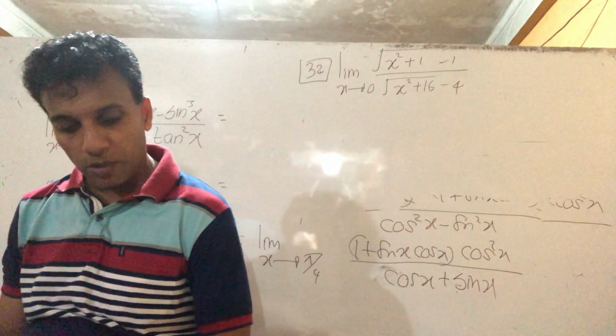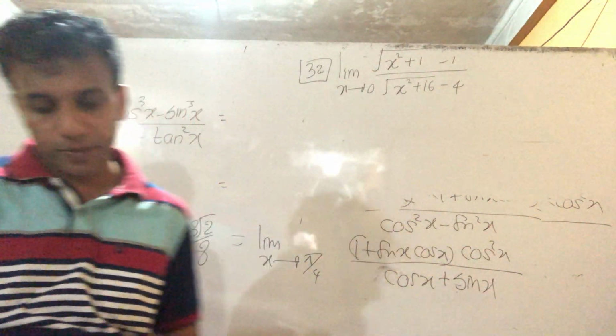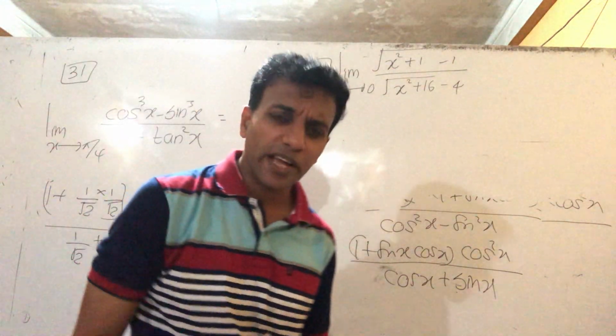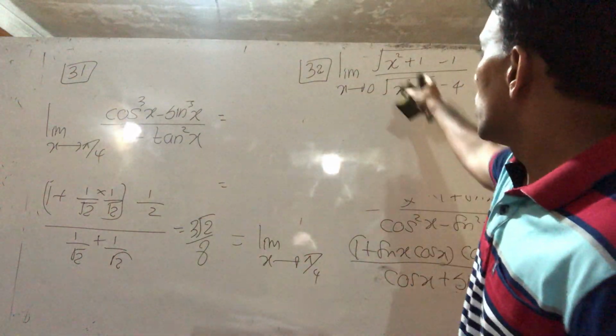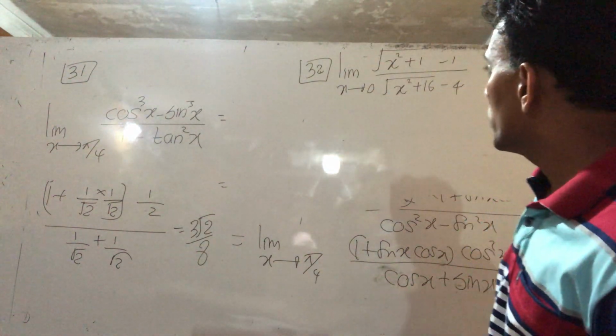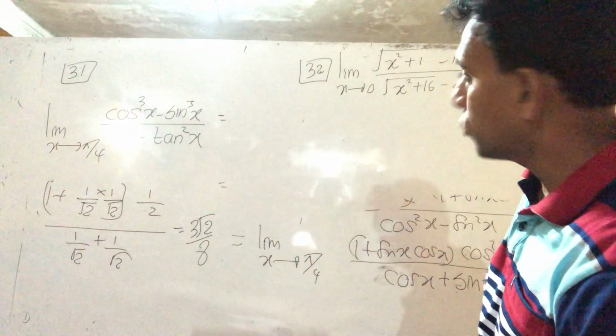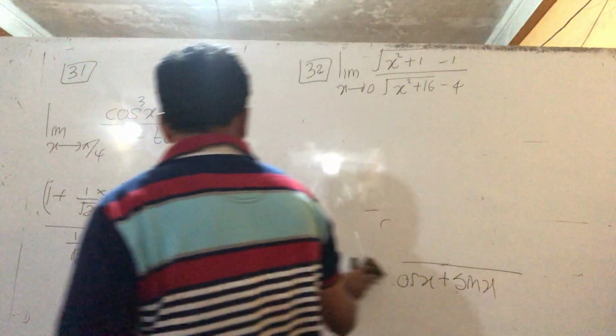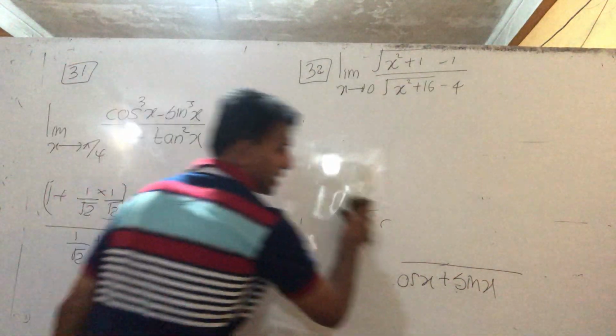See another problem using that. To direct substitute, see what happened. X for 0. Here 1, 1, 0. Here square root 16 is 4. 4 minus 4, 0. So we use, but this question's main part is conjugates.